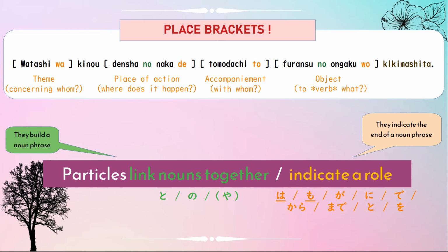So for the moment, what I recommend is not to try to speak like the characters in anime or etc. Add particles all the time to get used to it, to understand how they work, to avoid making mistakes. And then when you are used to it, you can start dropping them just like they do in oral speech. But for the moment, do not do it.